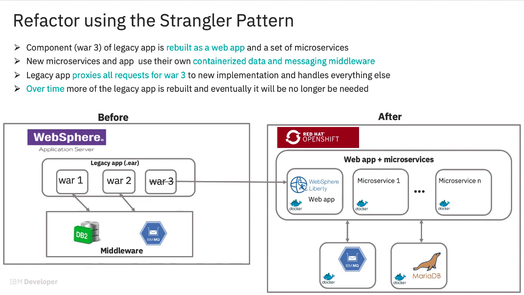And the original app traffic, instead of running on the WAR file, will be proxied over into the cloud environment. This is a way to do a piecewise approach where you take a chunk of functionality and bring it over to the cloud environment, implement it as a set of microservices, and then route the traffic for that part of the request in the application over to that component.